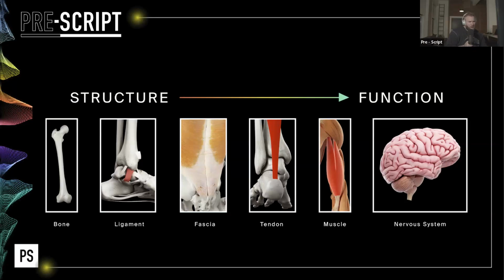If your job doesn't involve knives and staples and sutures and pins and rods and things like that, and it involves reps and sets and exercises and gym floors or rehab centers and all that stuff, then we're probably going to pay attention to the things that we can impact and influence, which are going to be nervous system, muscle, tendon. And then we can infer their impact downstream on structure, right? Into fascia, ligament, and bone.